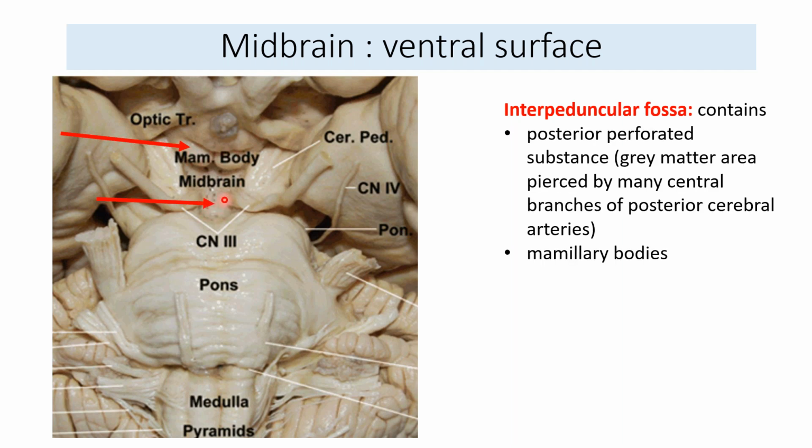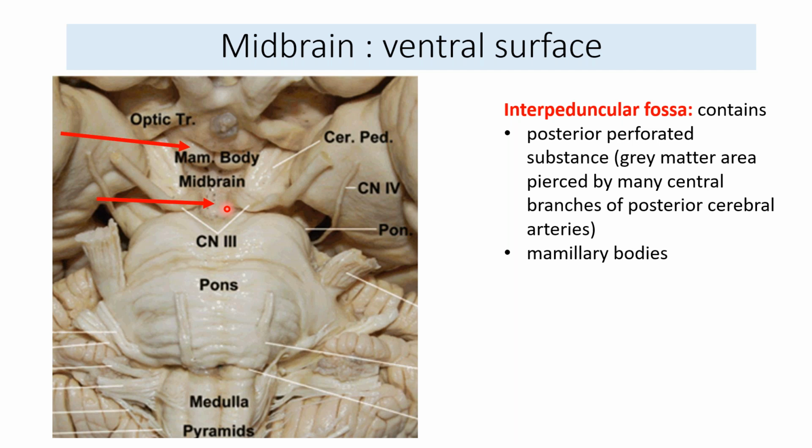One is the posterior perforated substance, which is the gray matter area, which is pierced by many central branches of the posterior cerebral artery. You will learn the arteries when you do the blood supply of the brain and the spinal cord. So these central branches of the posterior cerebral arteries pierce the gray matter through this area. These small holes are for the central branches of the posterior cerebral artery.